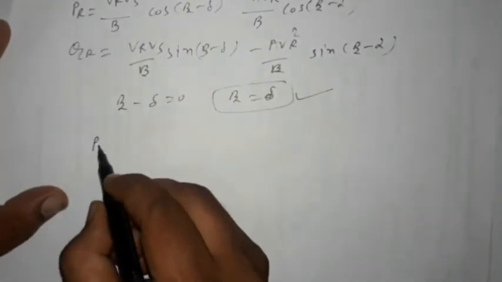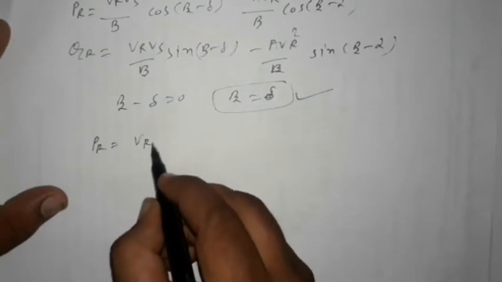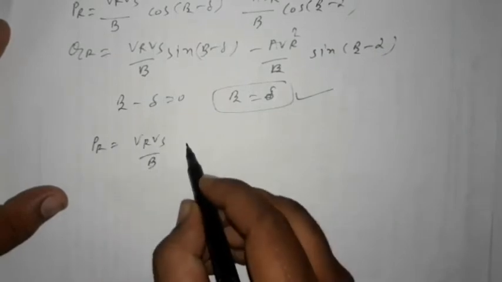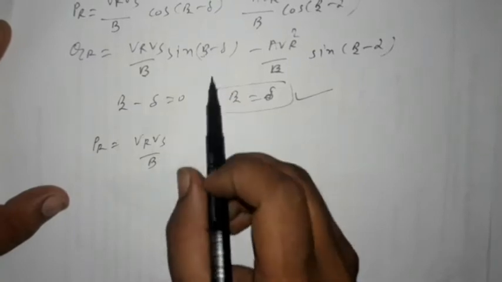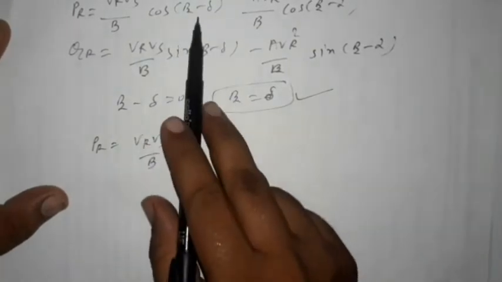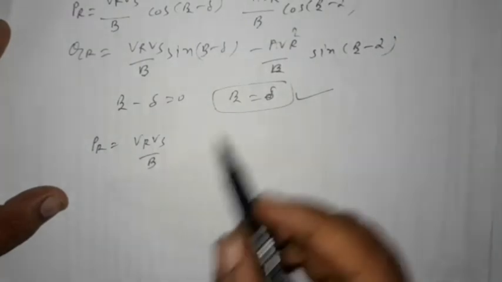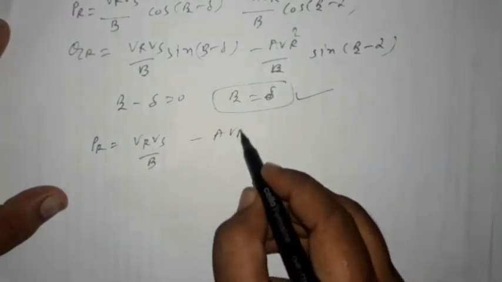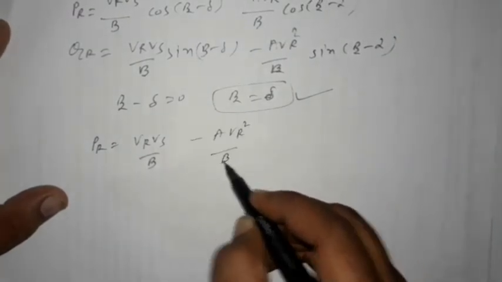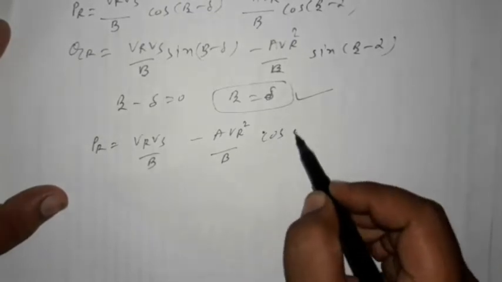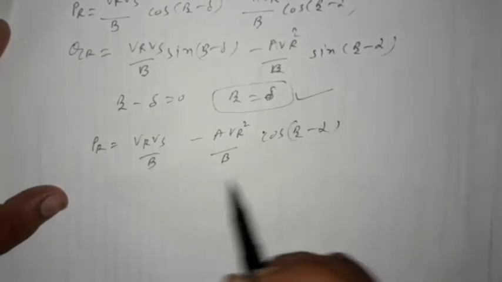So PR becomes VR into Vs by B, now cos beta minus delta, here we put beta is equal to delta, so cos 0 is equal to 1, minus A VR square by B cos beta minus alpha.